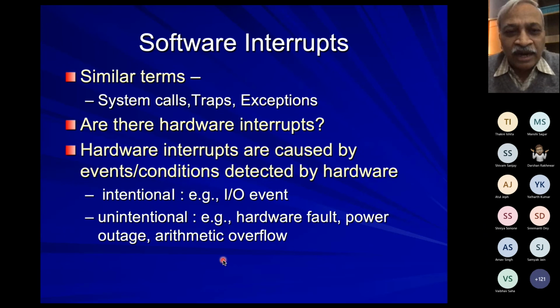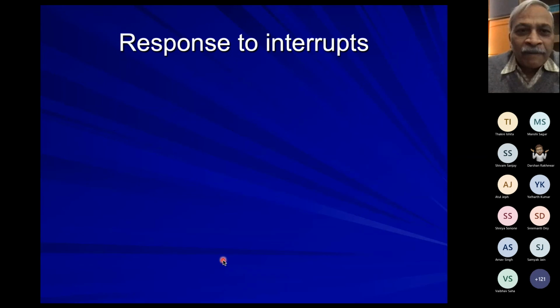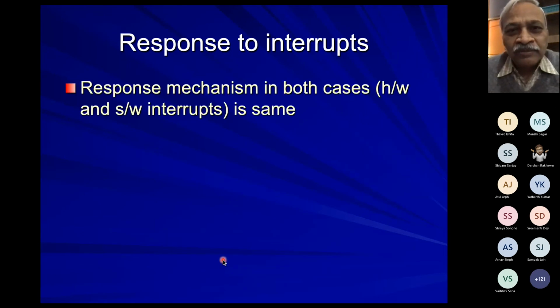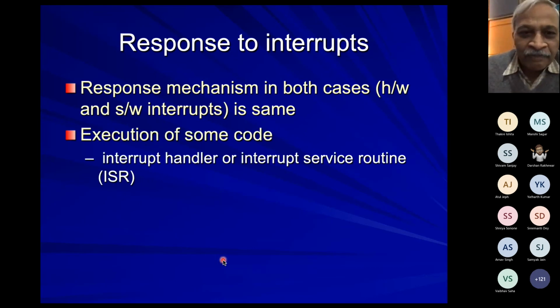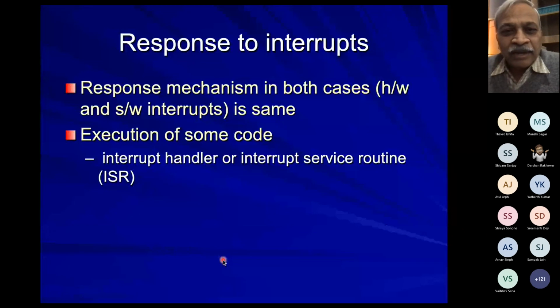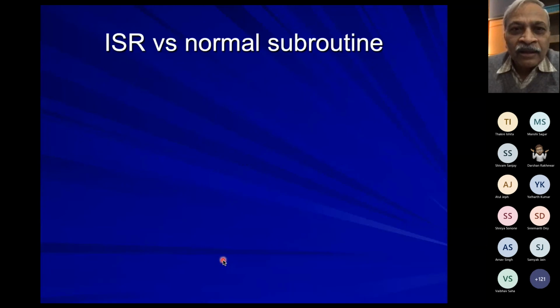They could be intentional, for example an IO event, or unintentional like a hardware fault, power outage, arithmetic overflow, etc. The key thing is that the response to interrupts, whether caused by hardware or software, is similar. The mechanism is the same, and the response is simply execution of some predefined code. That code is called an interrupt handler or interrupt service routine, or ISR.